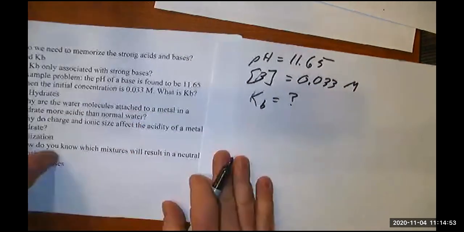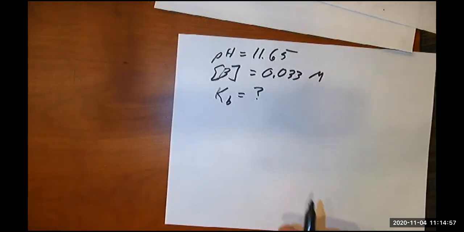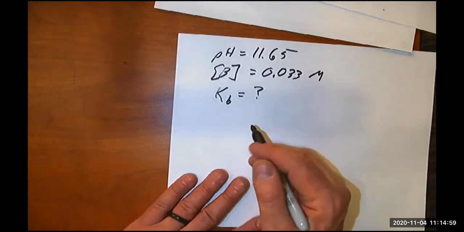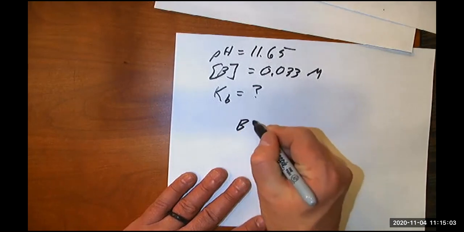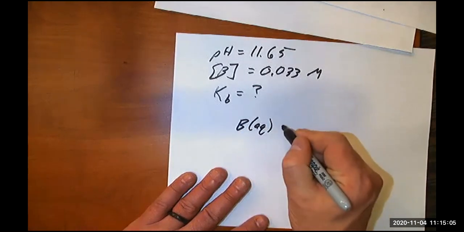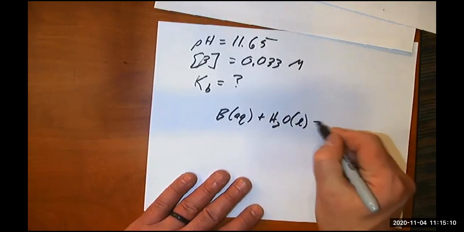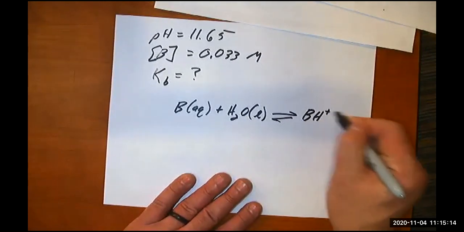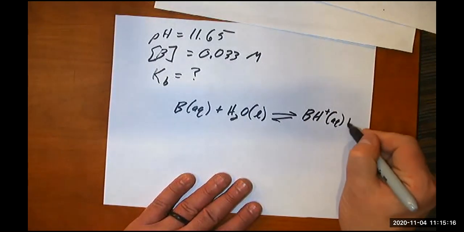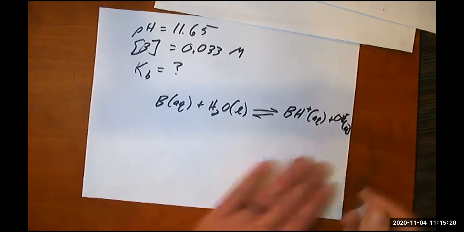Okay. So the first thing to do with any problem of this type is to write down what our base reaction is. So base plus water in equilibrium with BH plus and OH minus.